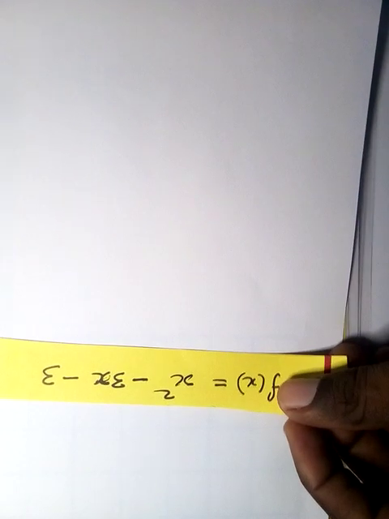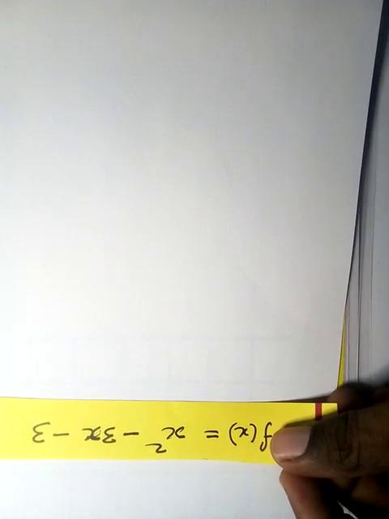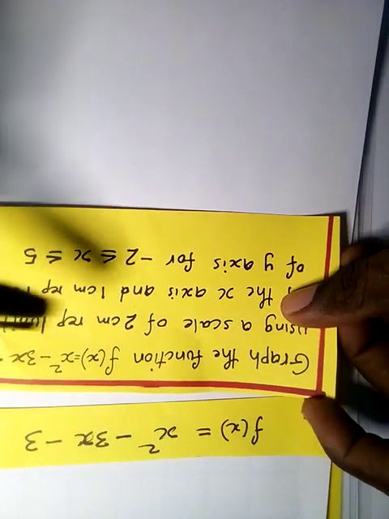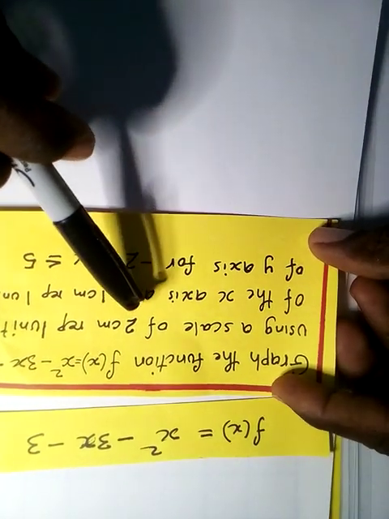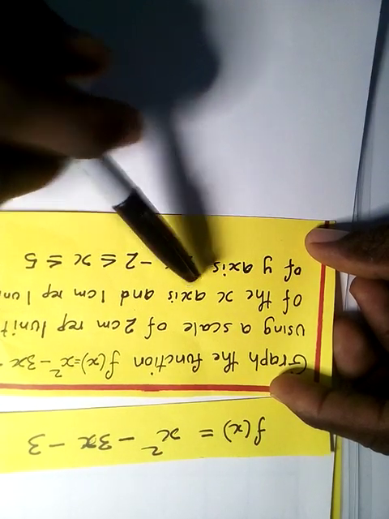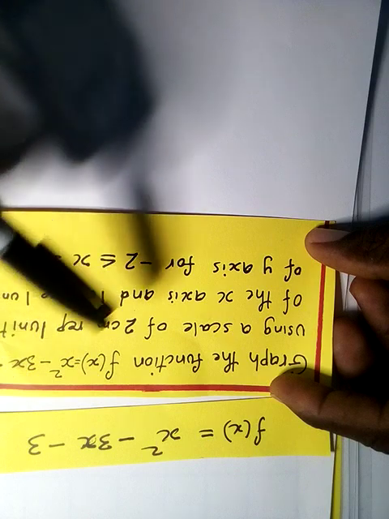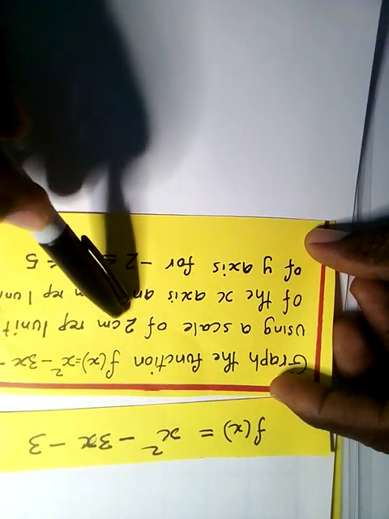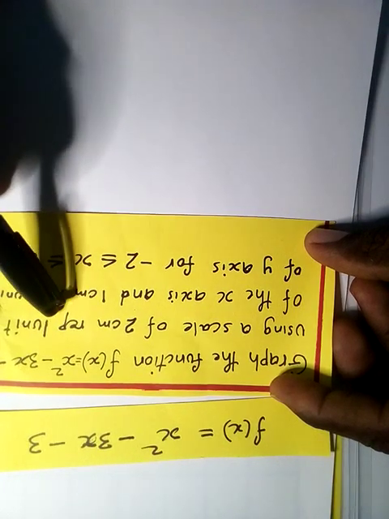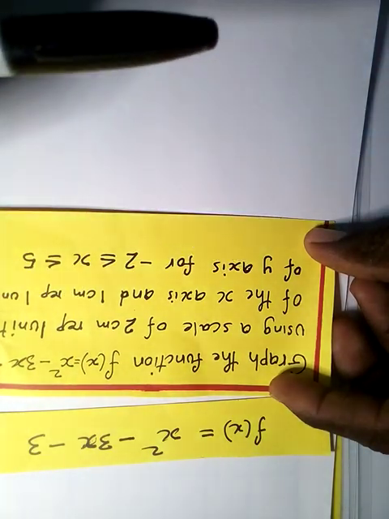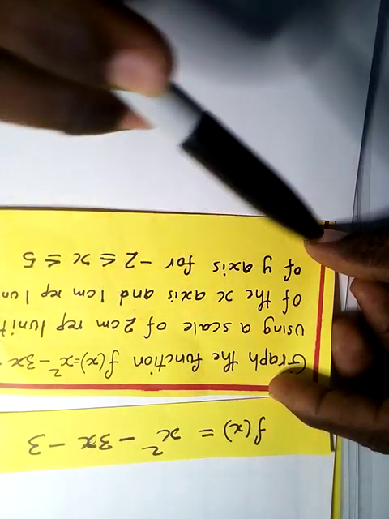Now looking at this, we are given a scale of 2 centimeters to represent 1 unit on the x-axis. So we can be given different scales on both axes. They're saying on the x-axis, for every 2 centimeters, we're going to count in series of 1. So every 2 spaces, we count 1, then positive 2, positive 3, from the origin going to your right, and every 2 spaces going to your left, negative 1, negative 2.